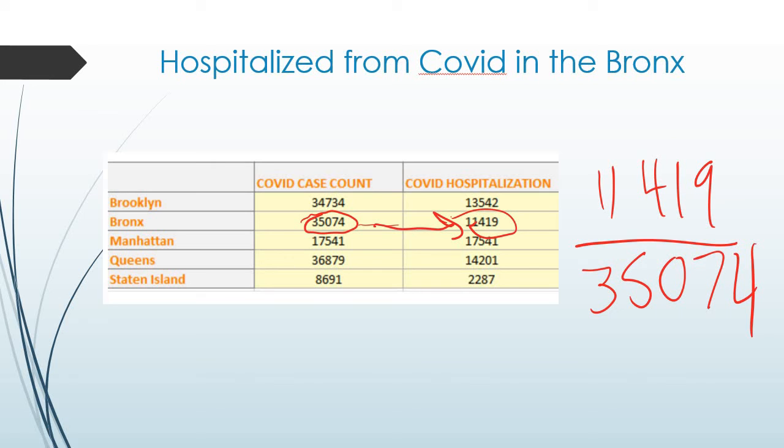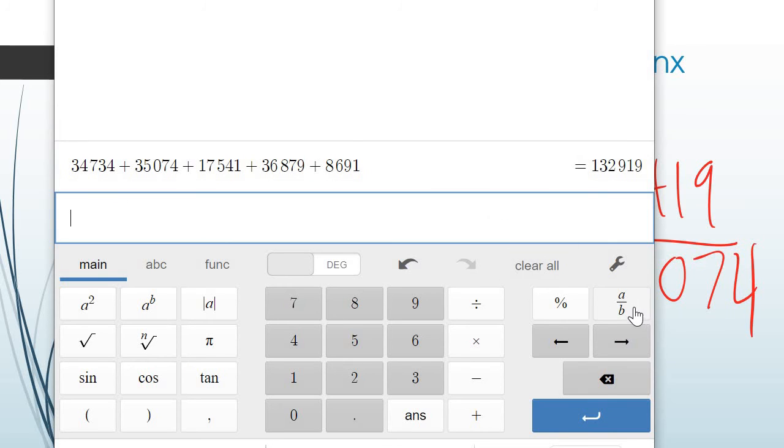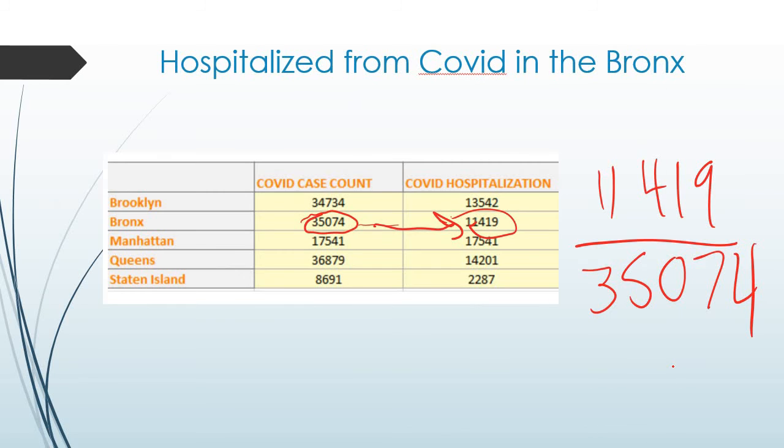So we go to our handy dandy calculator and we clear. And we type in 11, 14 on the top, and we type in 35,074 on the bottom. And we get 0.325.